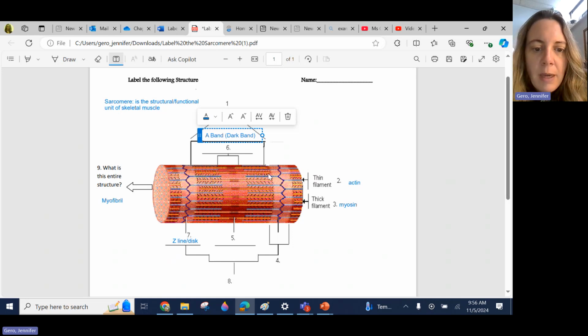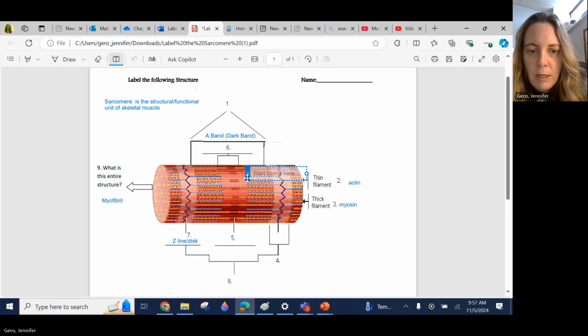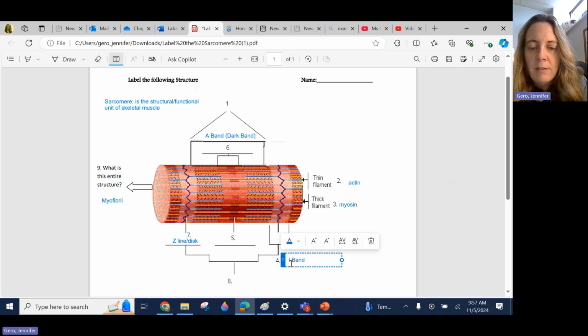That is the A band or dark band. Number 4 is pointing to this area right here that looks lighter, and that is going to be the I band, or the light band.